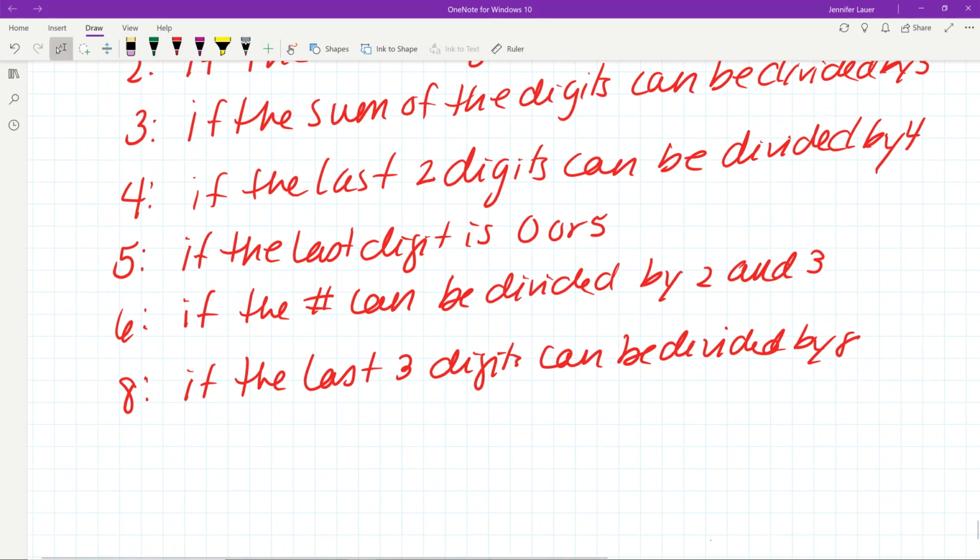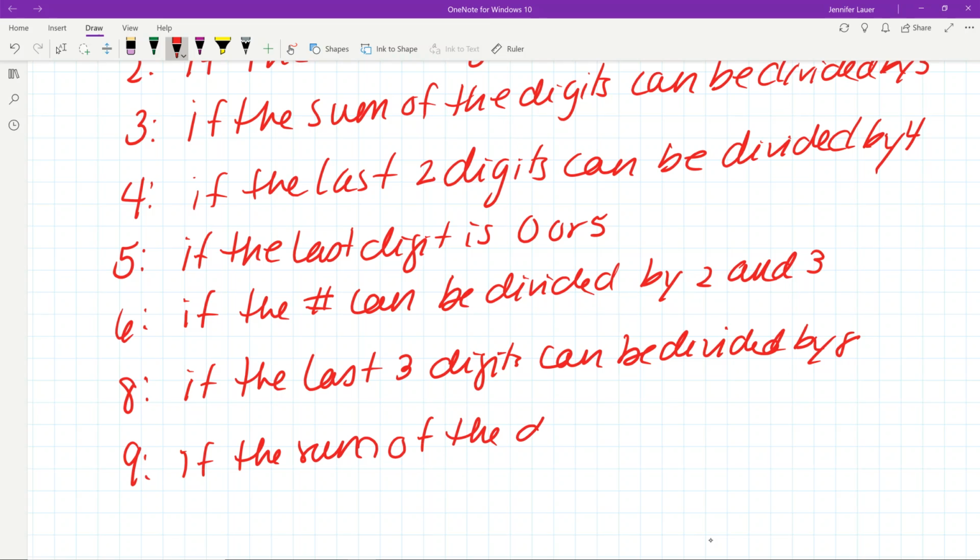Okay, and then 9. 9 is if the sum of the digits can be divided by 9. Okay, so those are your rules for divisibility. That's going to help you out just to do things a little bit quicker.